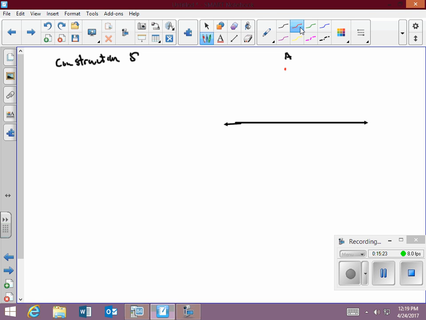And then you strike an arc that establishes there. And in striking those arcs, you have those two that are congruent.